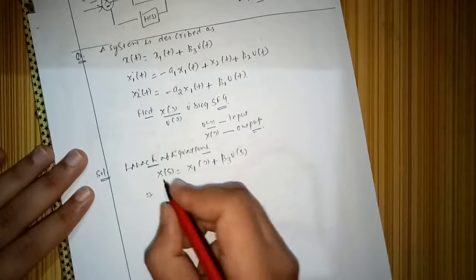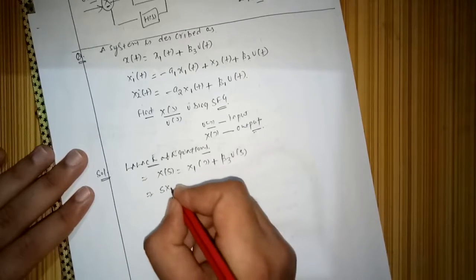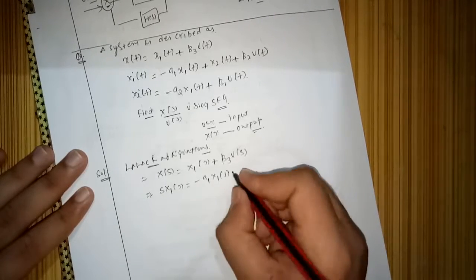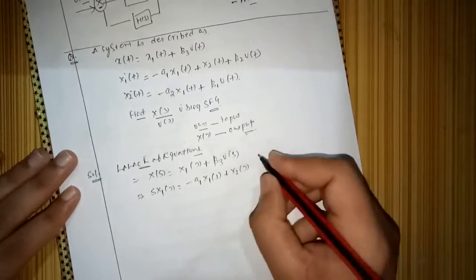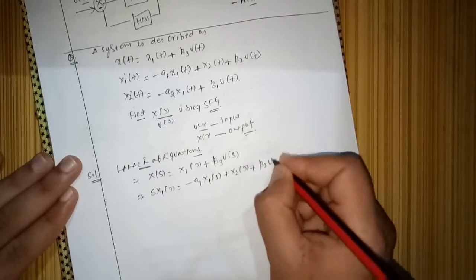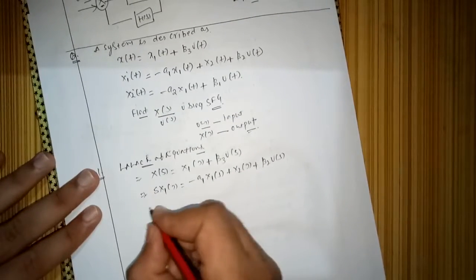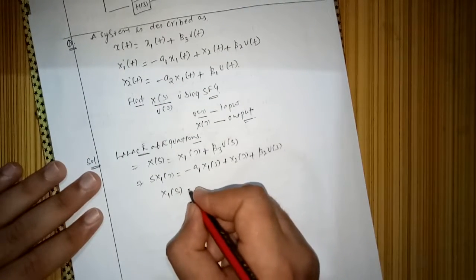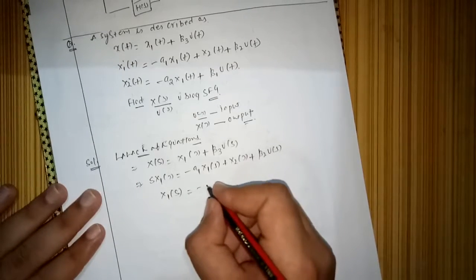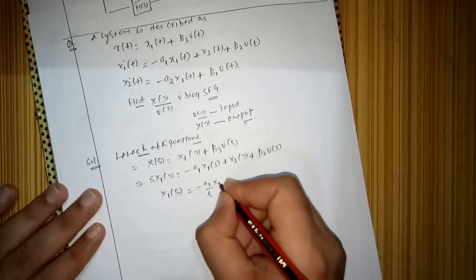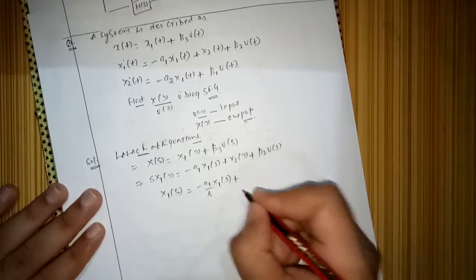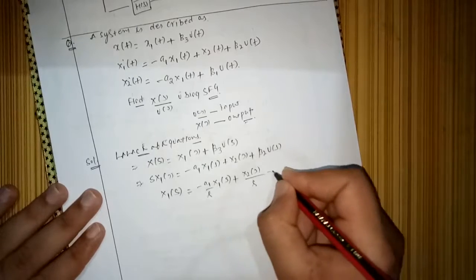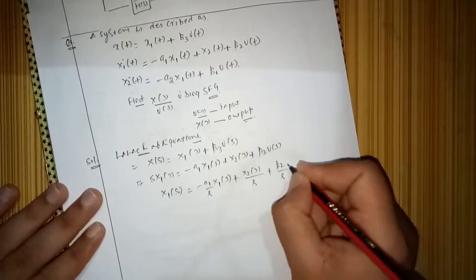Taking Laplace of the second equation, s x1(s) is equal to minus a1 x1(s) plus x2(s) plus beta 2 U(s), and so I can simplify this as x1(s) is equal to minus a1 by s x1(s) plus 1 by s x2(s) and beta 2 by s U(s).